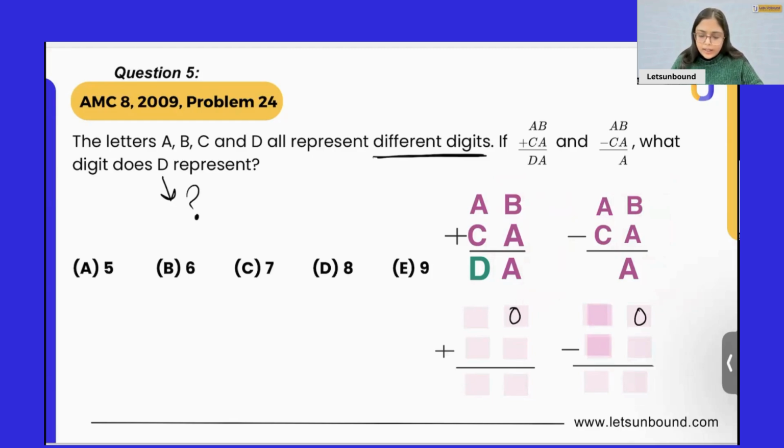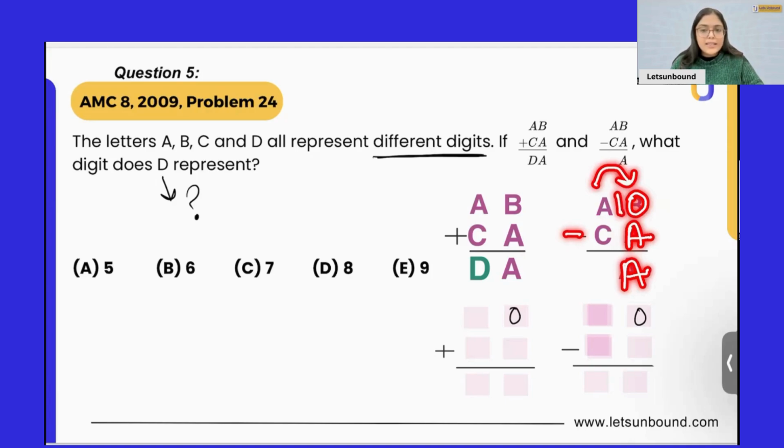Now let's just have a look at the calculation for the other column also, B and A, right? If B is 0 and we are subtracting A and we are getting A, that means first of all 0 is a small number, so we need to carry over 1. And the moment we carry over, it becomes 10.